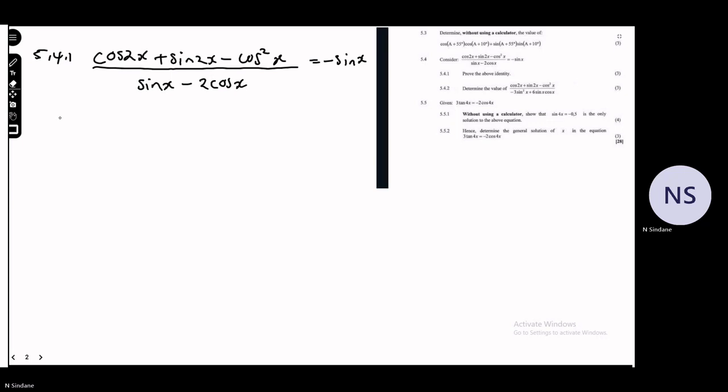So where do we start? We can see that the most complicated side is our left hand side. So we always take the most complicated side and try to prove that, right? So the most complicated side in this situation is this one. I know what this is.